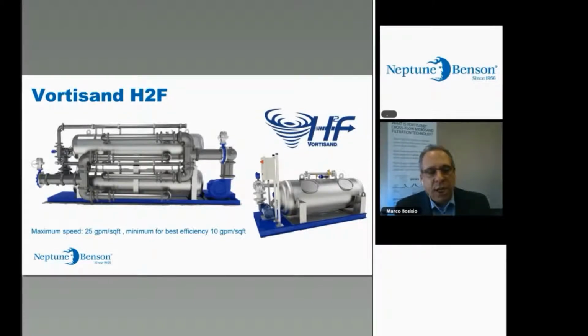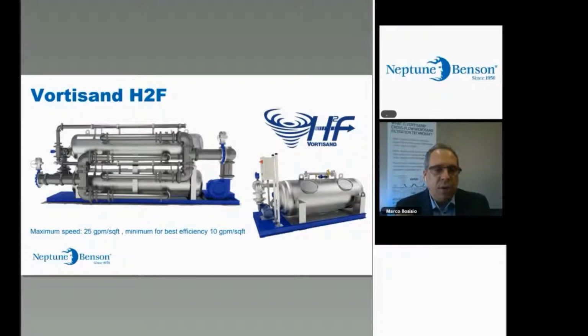The only dimension that changes is the length. So that allows us to stack one system above the other and have a single pre-packaged, pre-assembled system that treats 2400 GPM. That is an important feature that clients are looking for, especially in industry. They want everything packaged, ready, and easy to install.